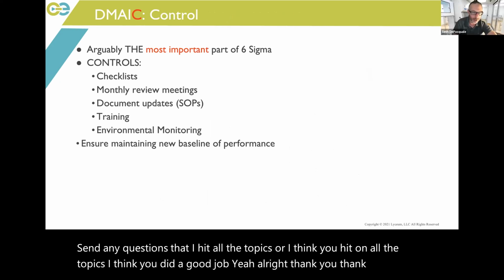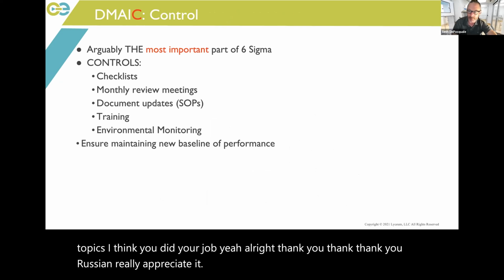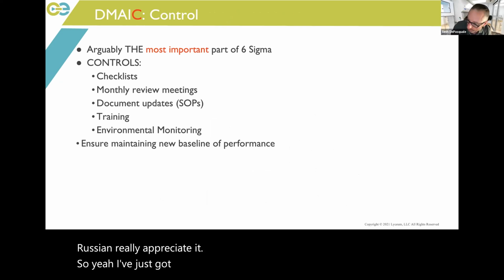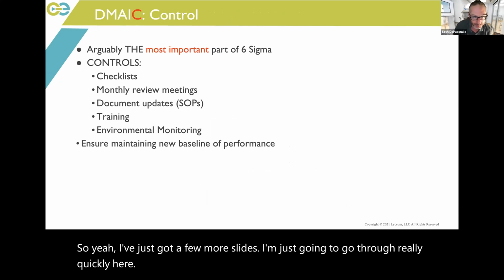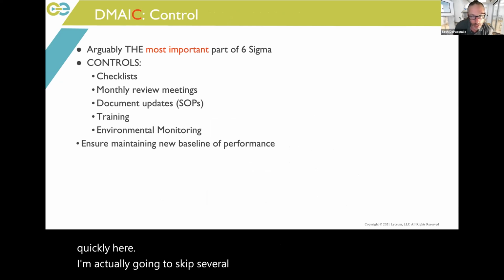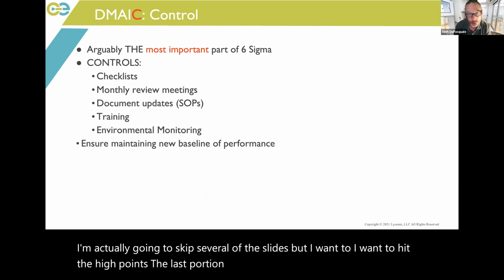I really appreciate it. So yeah, I just got a few more slides. I'm just going to go through really quickly here. I'm actually going to skip several of the slides, but I want to hit on the high points. The last portion of this is the control, arguably the most important part of Six Sigma.